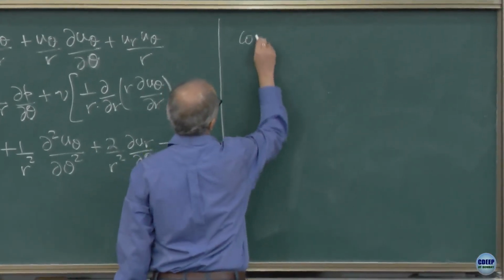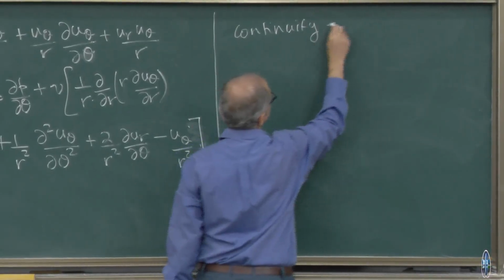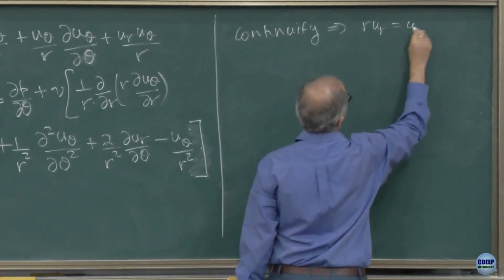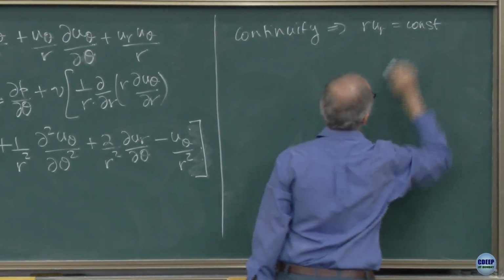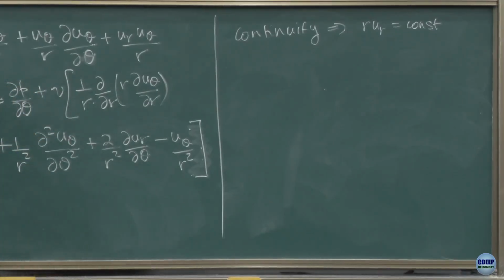So continuity gives me r times ur is equal to constant. Correct? Now, what is the value of that constant? Again, you can apply the boundary conditions. At the boundary, what is the value of ur? 0. Why? No penetration.